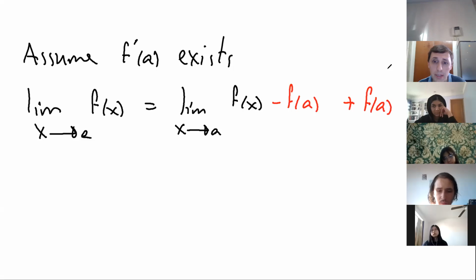Guys, do you understand what's happening in my head? I am trying to reconstruct the definition of the derivative, because that I know immediately what to do with. If I know where I'm going, I am not lost. I don't want to see the limit as x goes to a of f of x. I want to see f of x minus f of a over x minus a, because that's a limit that I'm guaranteed exists if the function is differentiable. Yes?